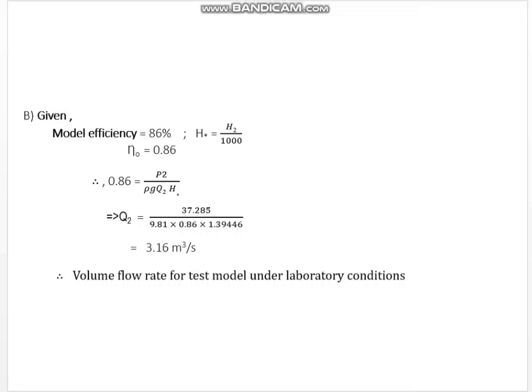Now using the formula of efficiency, which is P2 by rho g Q2 H2, we found the flow rate Q2 is equal to 3.16 meter cube per second. Therefore the flow rate for the test model under laboratory conditions is 3.16 meter cube per second. Moving on to the second question.